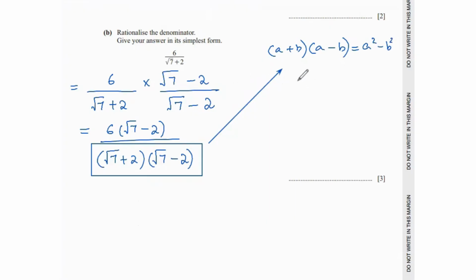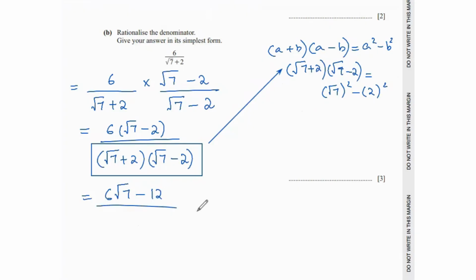So similarly, root 7 plus 2 times root 7 minus 2 is the same as root 7 squared minus 2 squared. So if we rewrite that, this expands, so 6 root 7 minus 12.